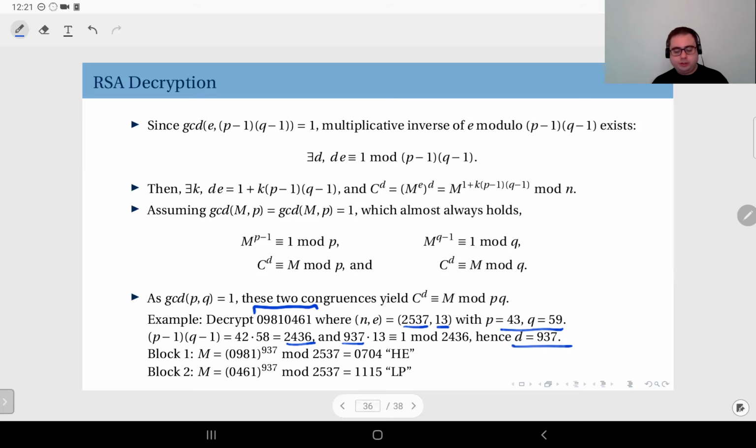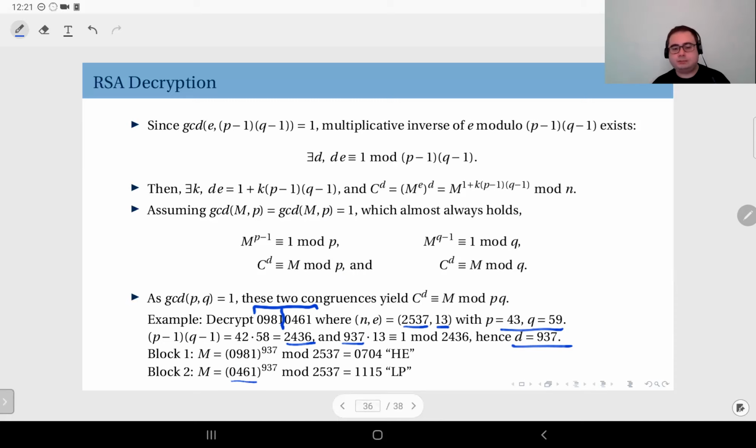And simply to decrypt your message, again, since we are using blocks of 2, remember the earlier example, we take the first block as 0981 and raise it to power 937 under modulo n. You get 0704. And the second block, 0461, raised to power 937. Well, 0461 is simply the number 461.